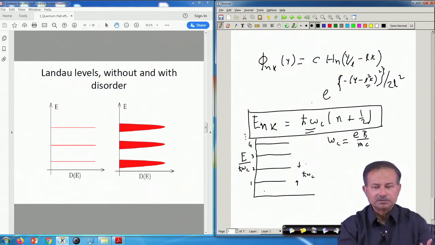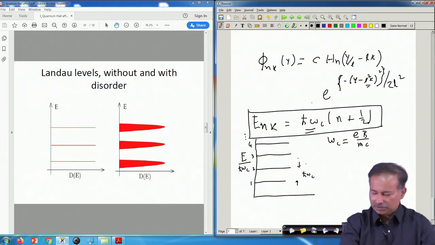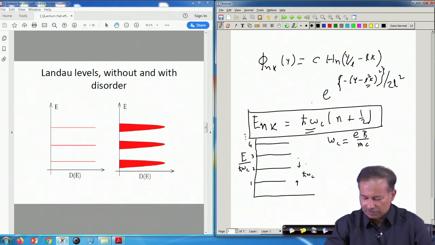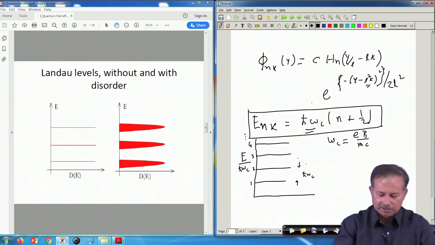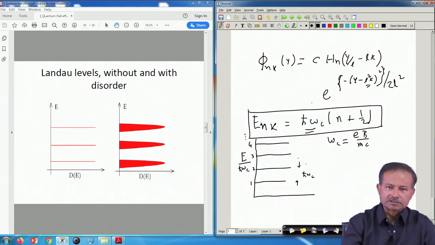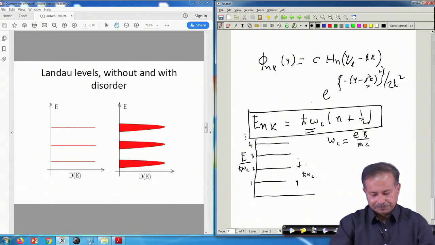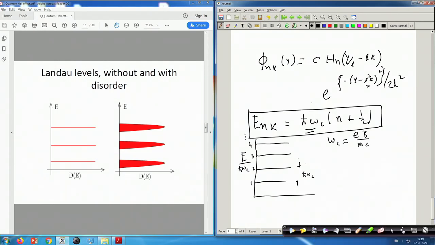This will be just the 2 dimensional case, where we know the 2 dimensional free particle case, right, with the density of states which is constant. Okay. So, this plot on the left, for example, gives you the density of states as a function of energy, and as you can see there are fixed energies at which there is a finite density of states.